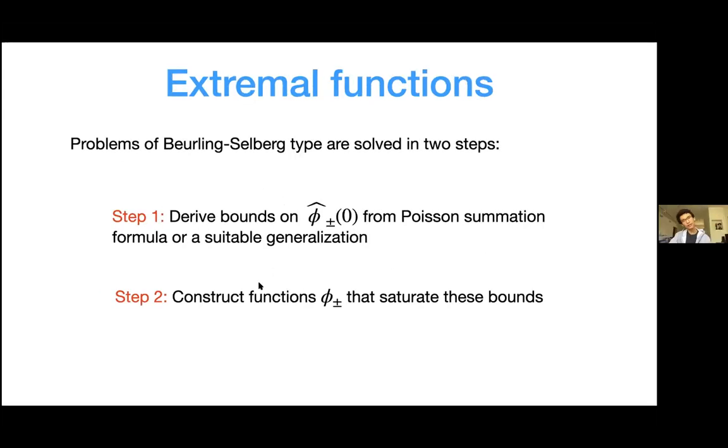You derive some bounds first, and then step 2 is that you construct these functions phi that saturate the bounds you derived in step 1.